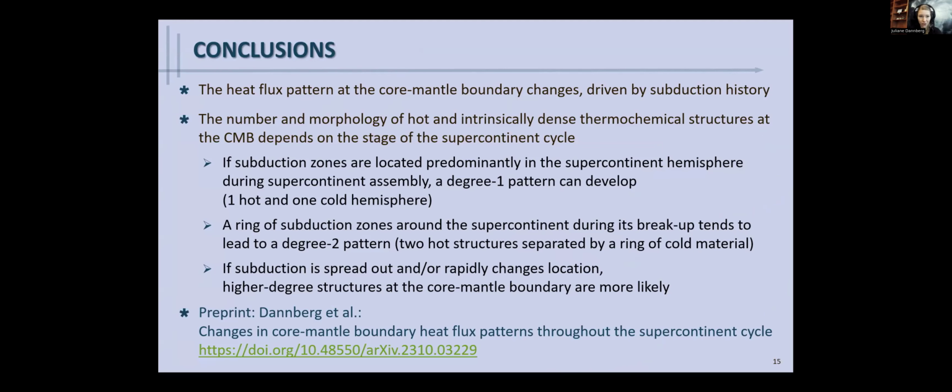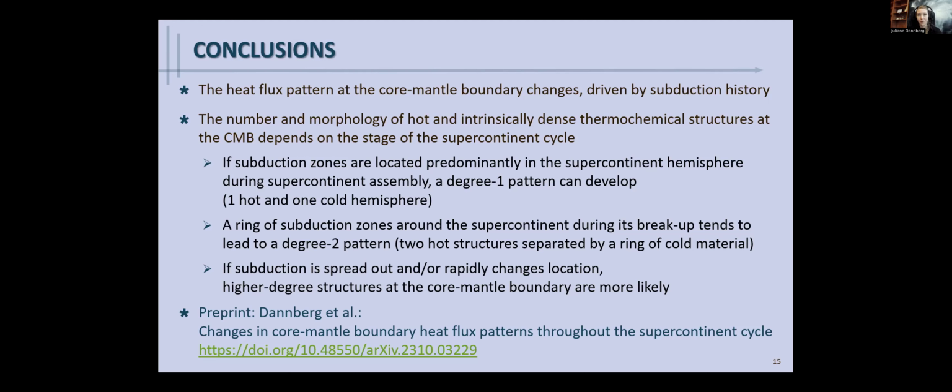So to conclude, we've seen that the pattern of the heat flux at the core-mantle boundary changes over time, and it's driven by subduction. And then the number and morphology of these hot and dense structures at the core-mantle boundary depends on the stage in the supercontinent cycle. So in the stable supercontinent phase, we would have a degree 1 pattern with the supercontinent and the superocean.